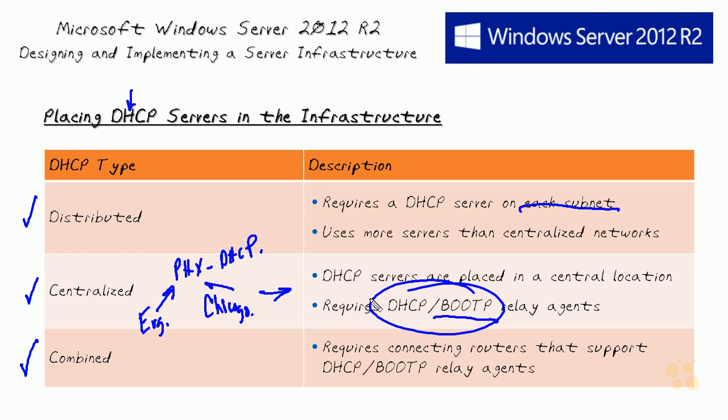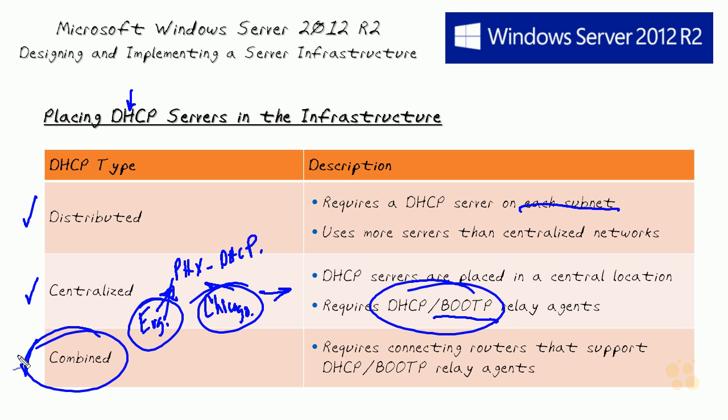Now, this might work much better in a single location, but if we are using a WAN link between these two, like Eugene and Phoenix and Chicago and Phoenix, well, what happens if you fail that WAN link? Uh-oh. That means we've got some problems. So what a lot of people do is they go with the combined infrastructure.